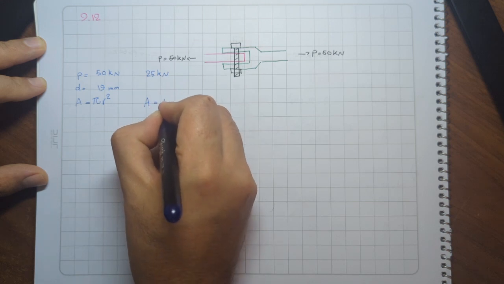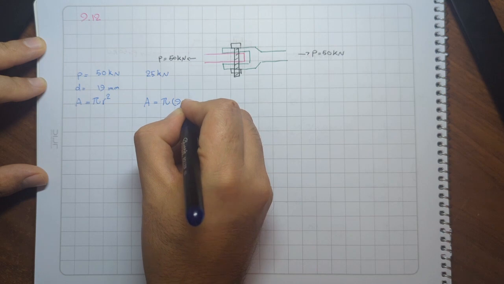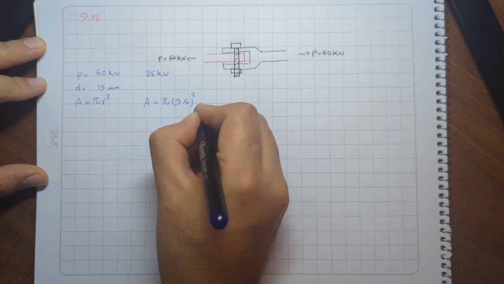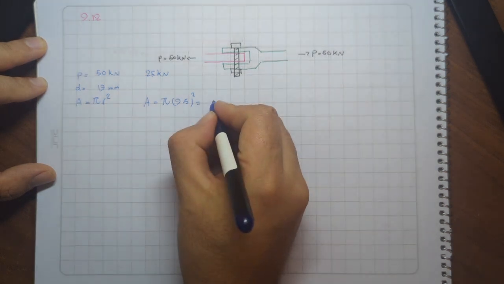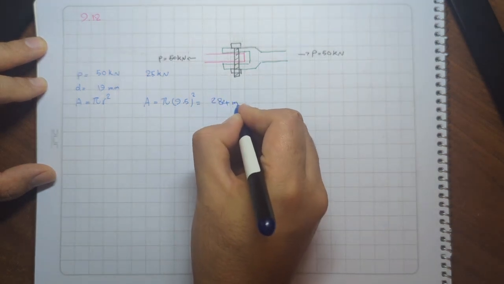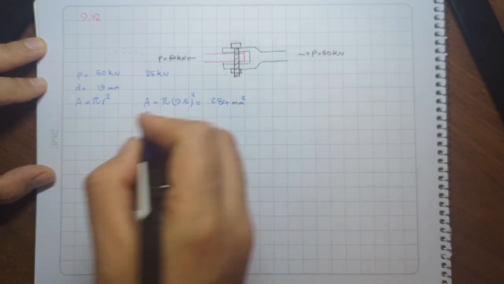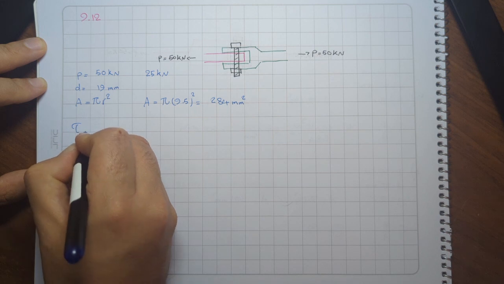A equals pi 9.5 square, and the answer is 284 millimeters square. Now we have all the things that we need.